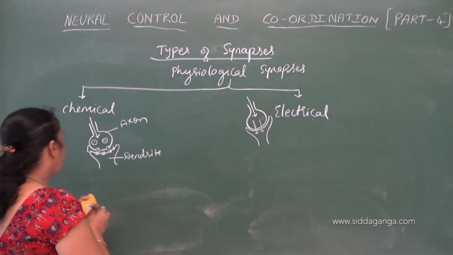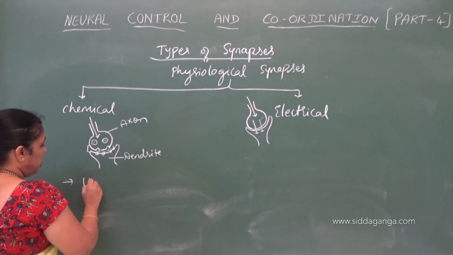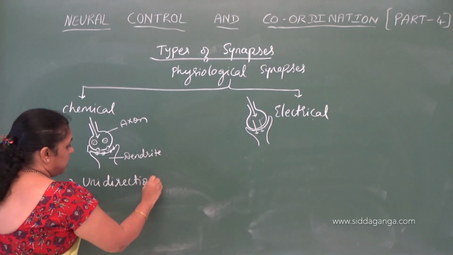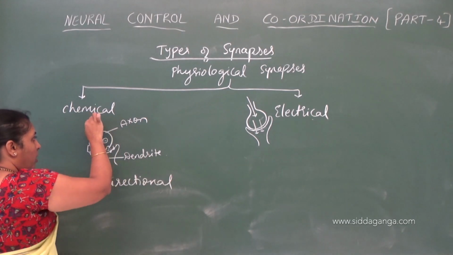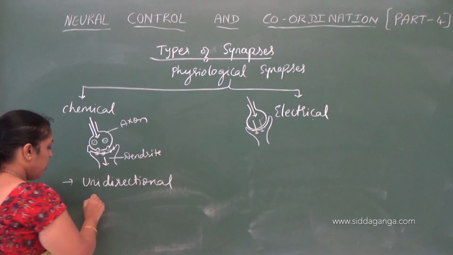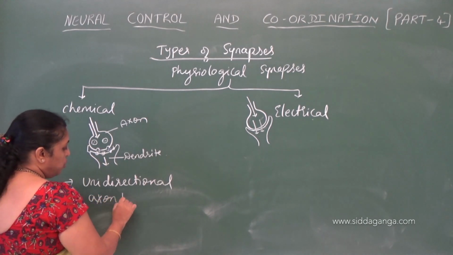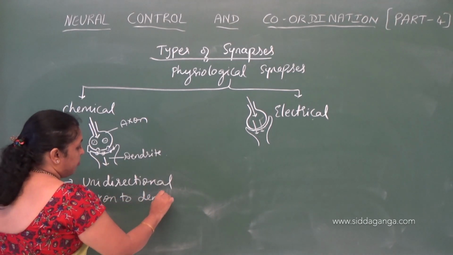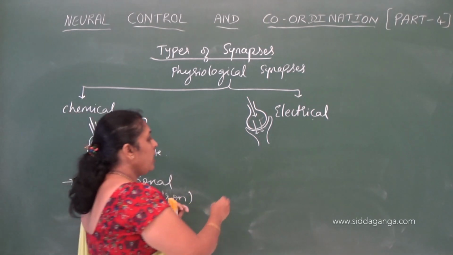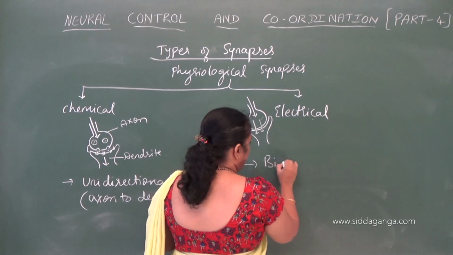And chemical synapses are unidirectional. Always the impulse will be transferred from axon to dendron. It is unidirectional, whereas in electrical, it is bidirectional.